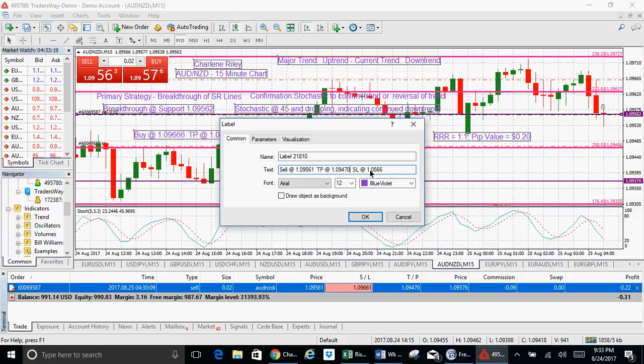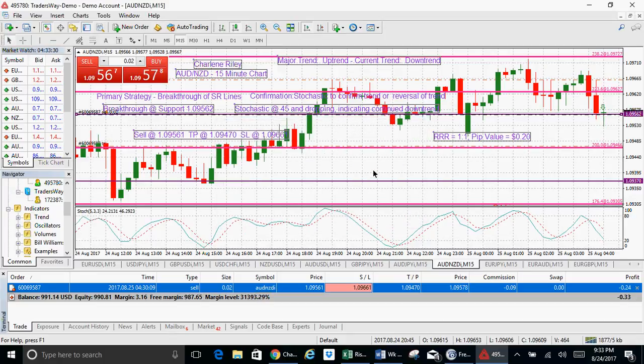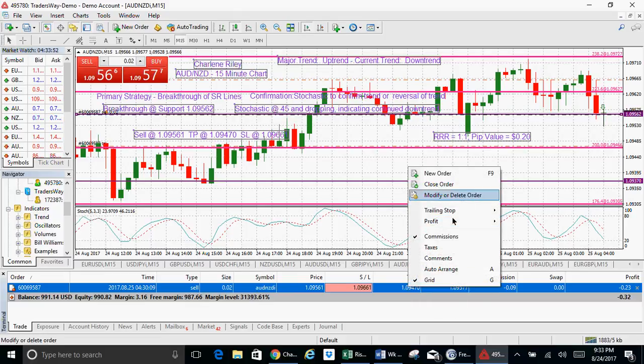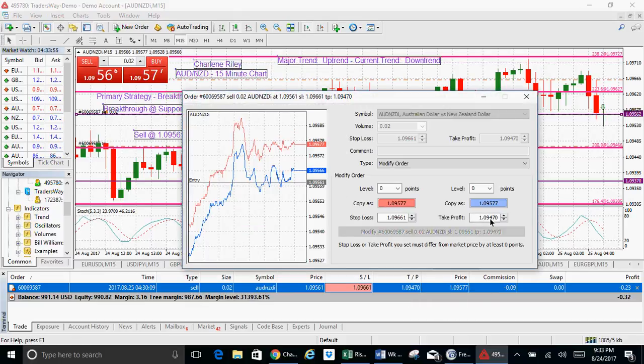And my stop loss at 1.0961. I'm going to adjust that so it can be for an even 10 pips.